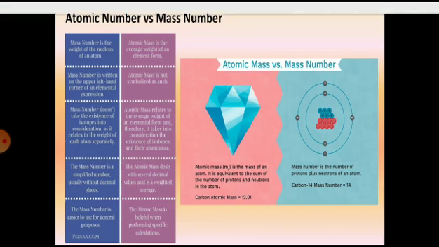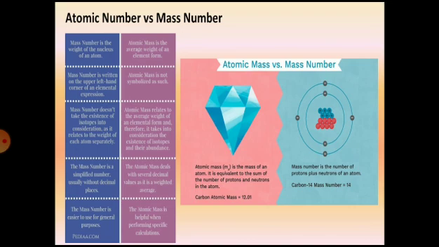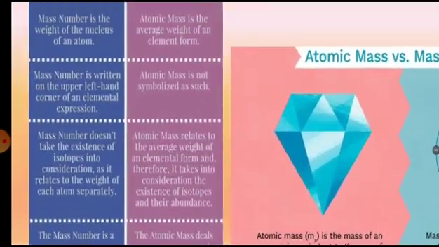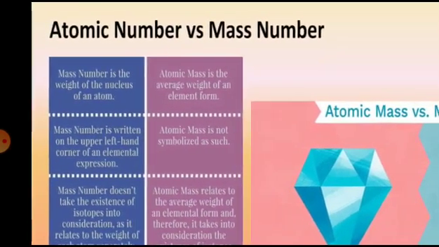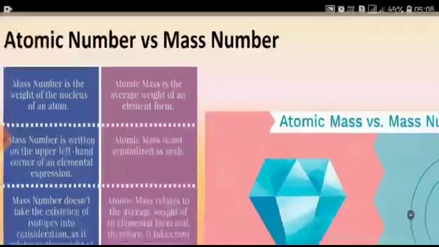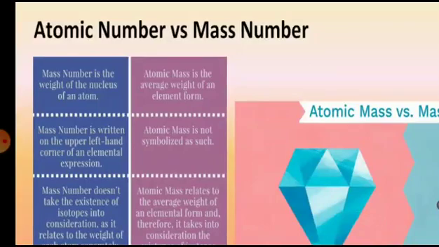Now let us try to understand what is the difference between the mass number and the atomic mass. Mass number is the weight of the nucleus of an atom, whereas atomic mass is the average weight of an element form.